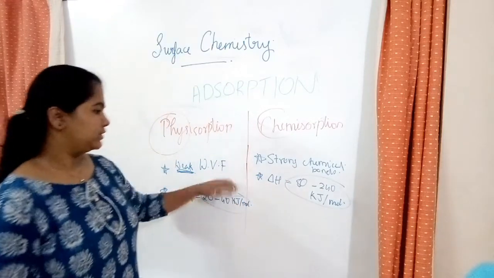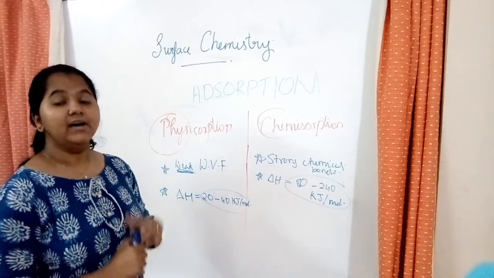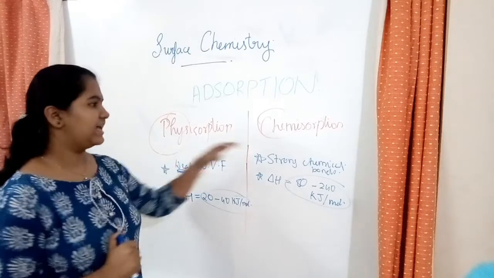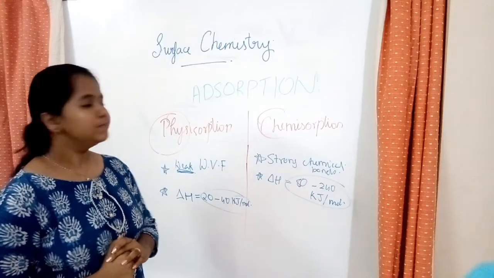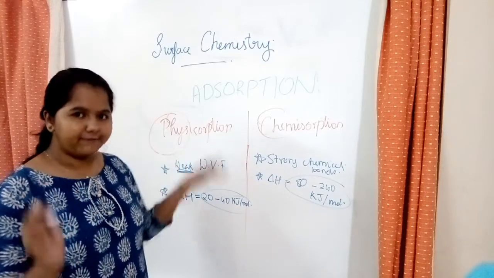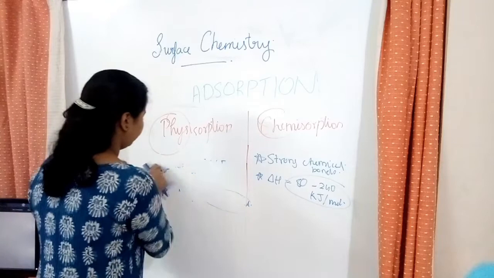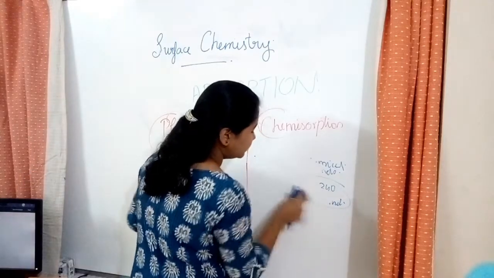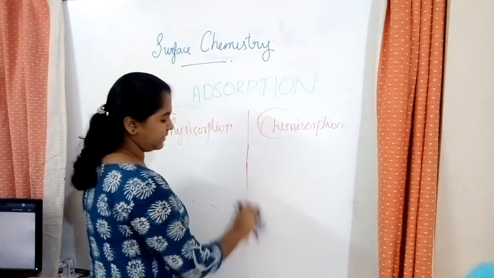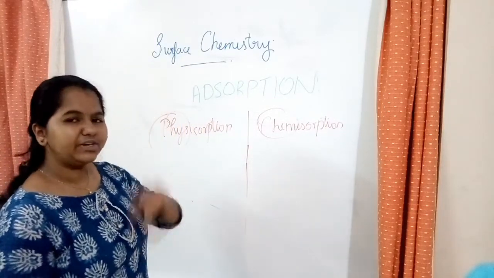Next, to talk about physisorption: physisorption is reversible, whereas chemisorption is not reversible. Also, physisorption attains equilibrium faster. In chemisorption, it forms chemical bonds, and chemical bonds are not actually reversible.